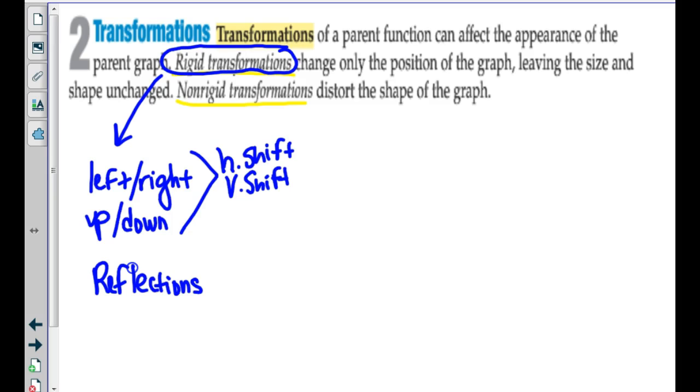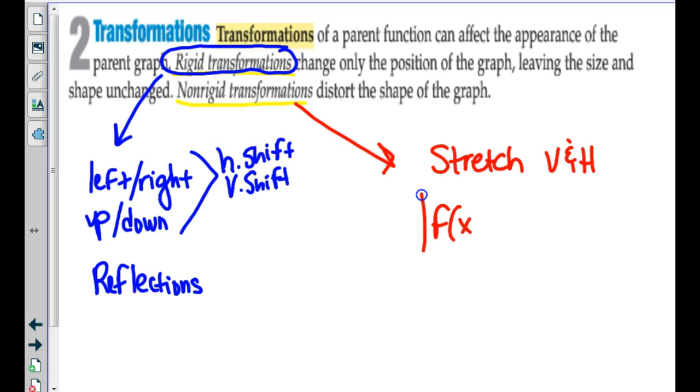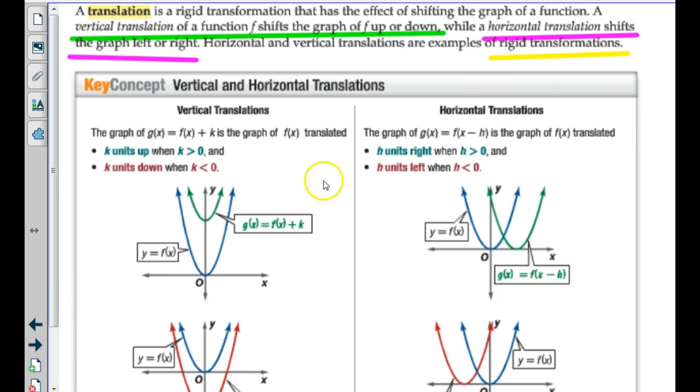No. The things that would change the shape, okay, are stretches. So vertical and horizontal stretches will change the shape. We're going to talk a little bit about taking the absolute value of a function will change the shape. I don't know what else is on the list. All right, so the first one we're going to talk about is shifting something up, down, or left, right.